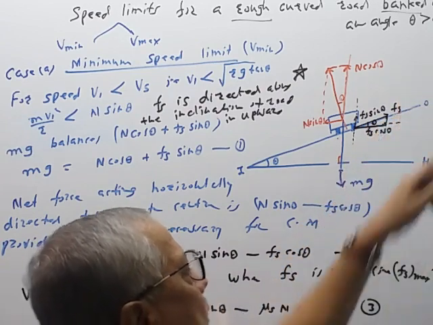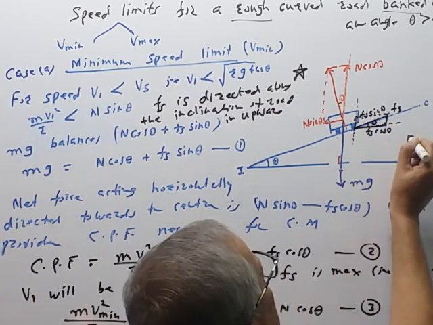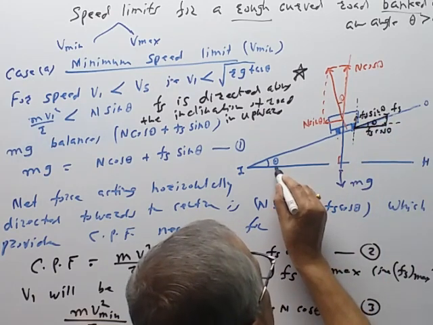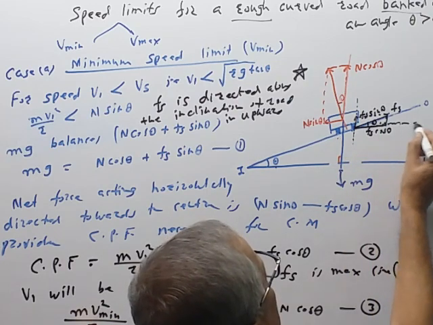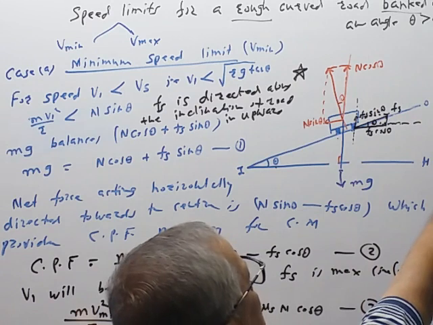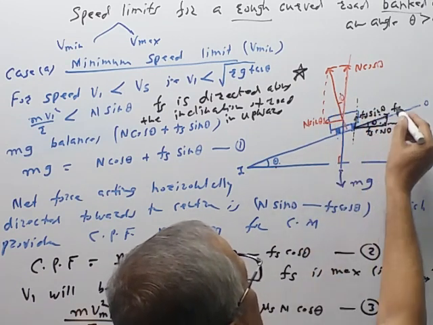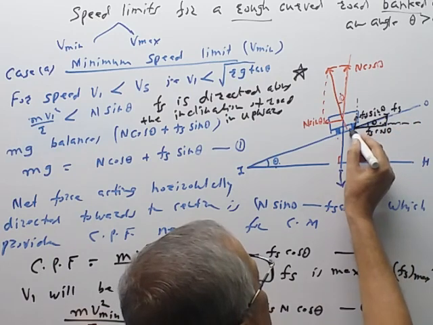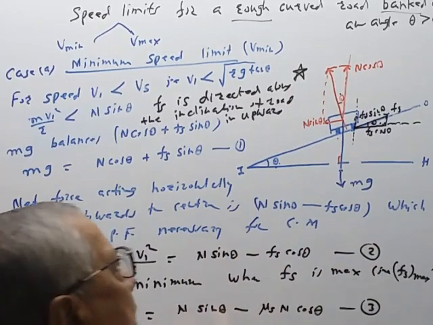Therefore, Fs is resolved into two components. If this is theta, then this is also theta, because these are two parallel lines, and this is the line intersecting them, by geometry. So Fs is resolved into two components, Fs cos theta and Fs sin theta. Now N is the normal reaction.